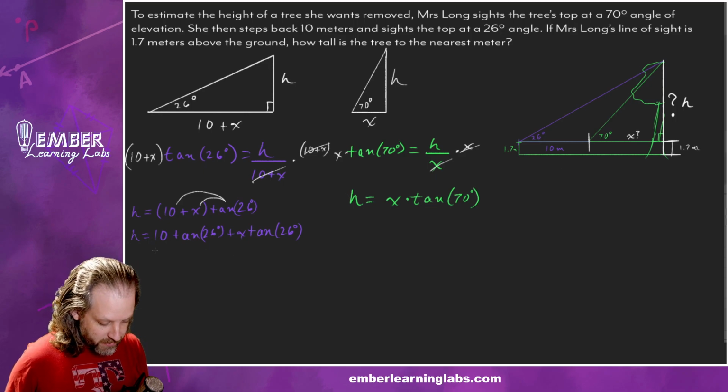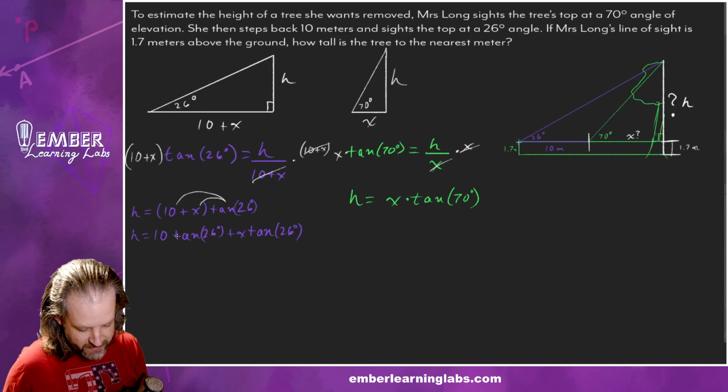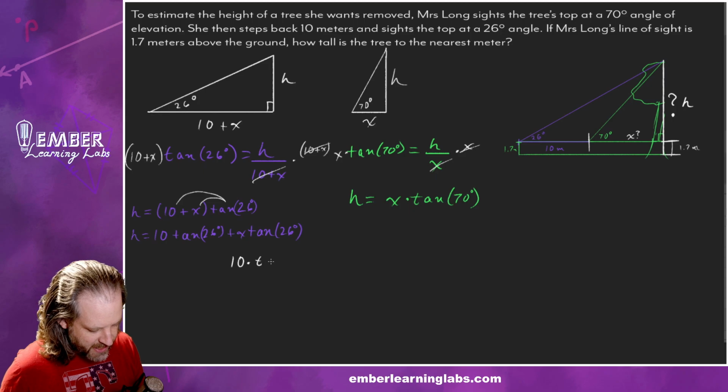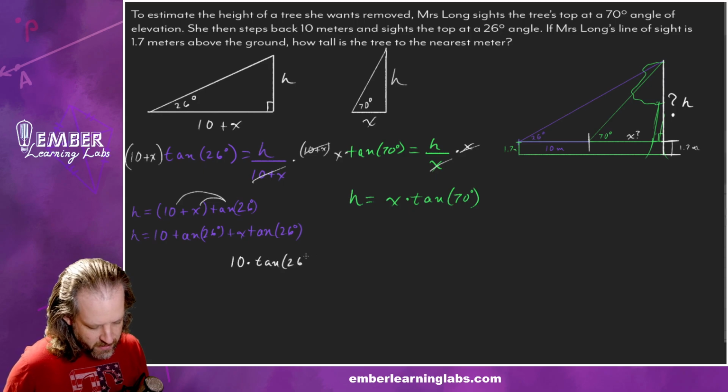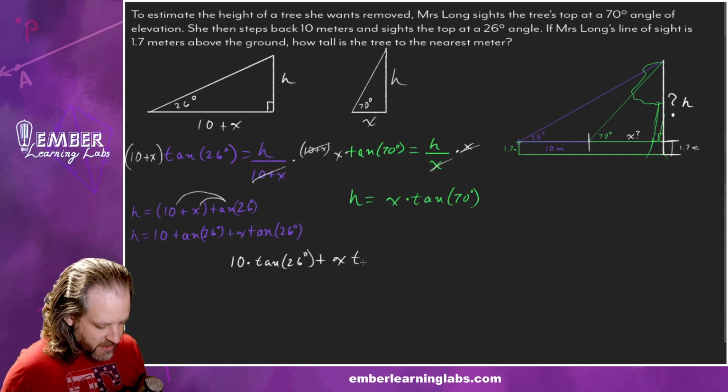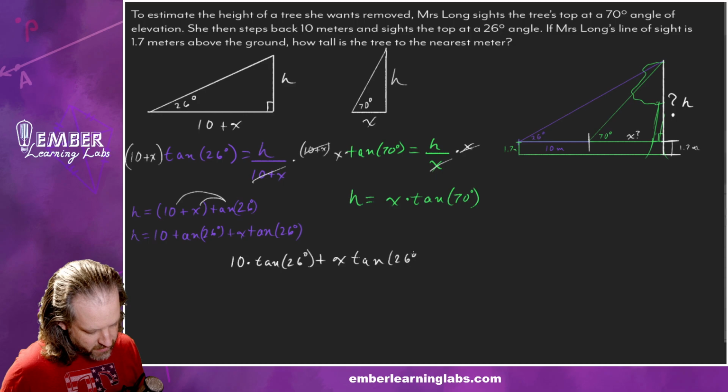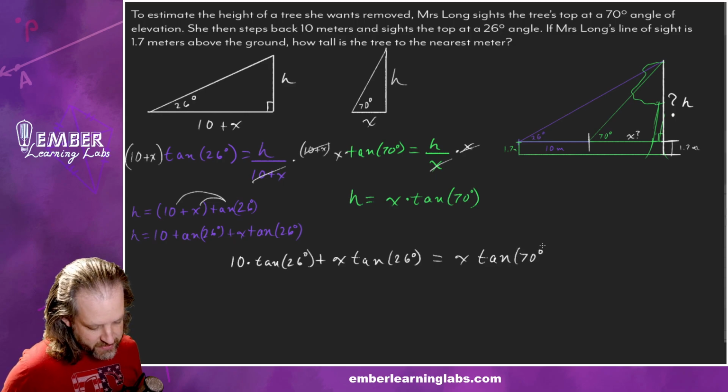So 10, all this mess, not plus, that's a tangent. So 10 times the tangent of 26 degrees plus x times the tangent of 26 degrees equals x times the tangent of 70 degrees, right?